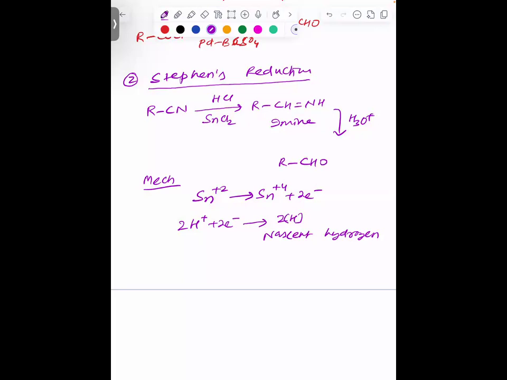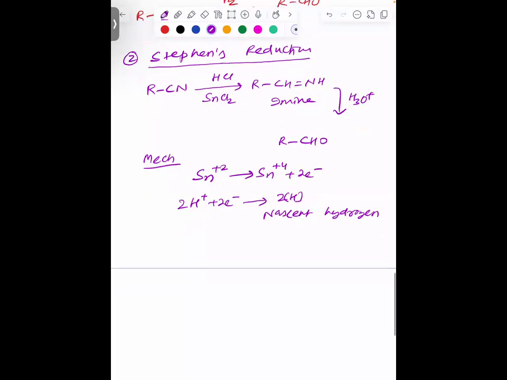Once the nascent hydrogen is formed, it attacks across the pi bond, reducing the nitrile into imine. Then hydrolysis will happen. Now the question is why Sn2+ is oxidized to give Sn4+. What about the inert pair effect?